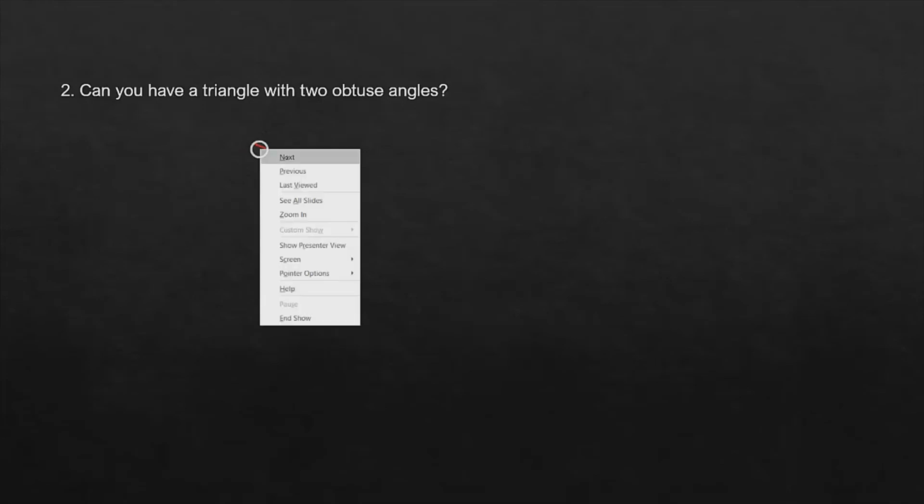Next, can you have a triangle with two obtuse angles? What does an obtuse angle mean? An obtuse angle is any angle that is greater than 90 degrees. So let's suppose we take an angle of 91 degrees and another angle also of 91 degrees.